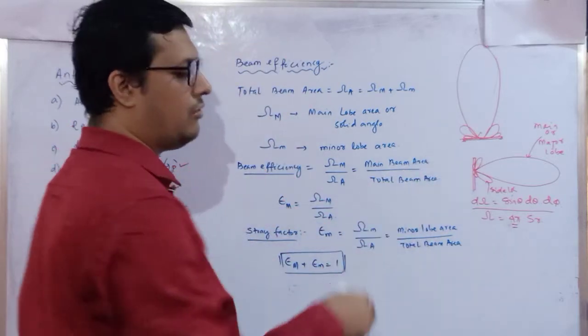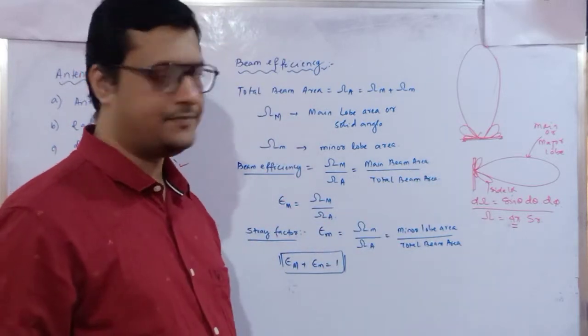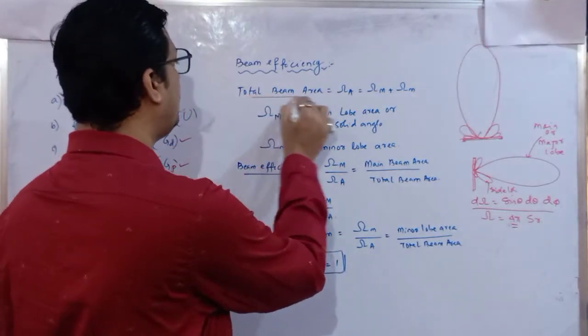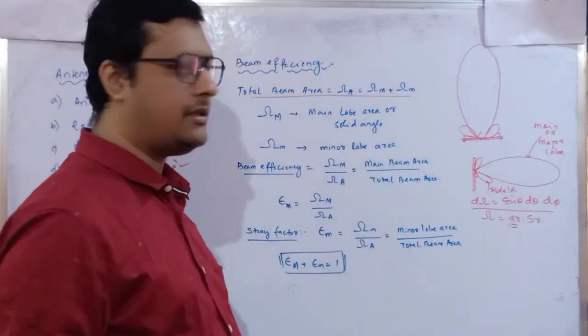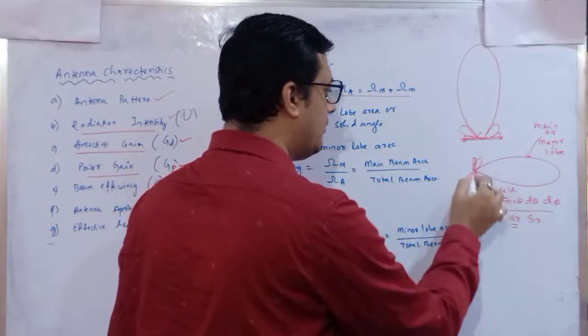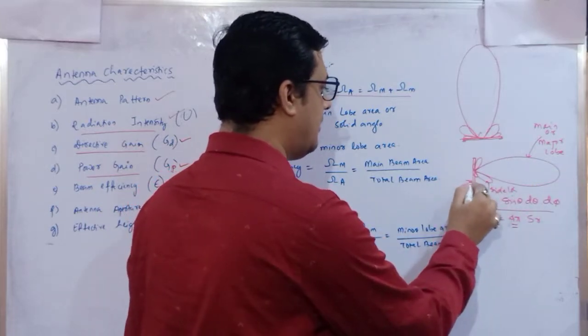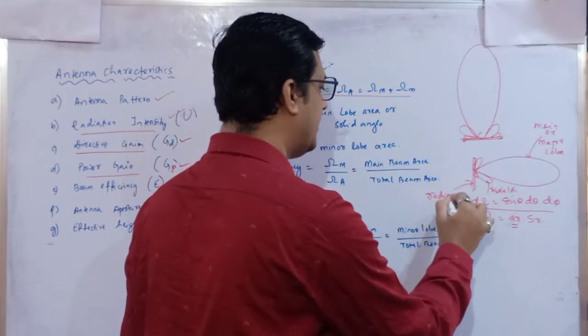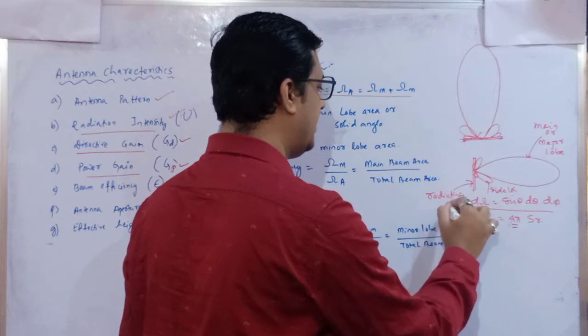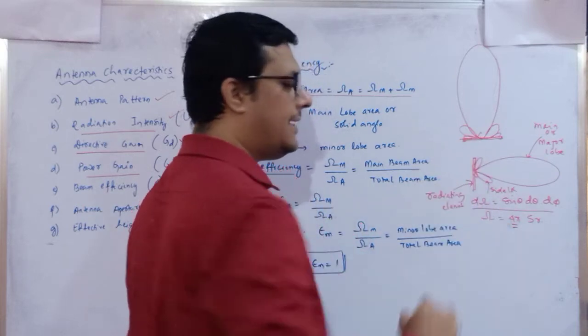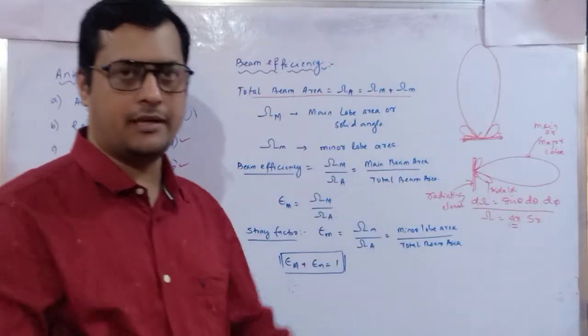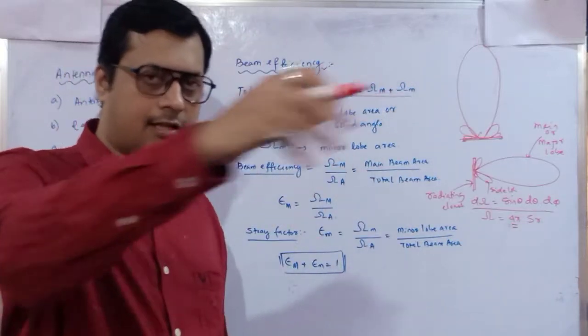Now each lobe has its own area. So let us consider the total beam area. Total beam area means whatever beam is created by this radiating element, radiating a beam in a certain direction, covering a certain area.